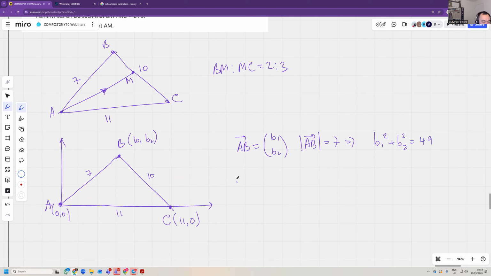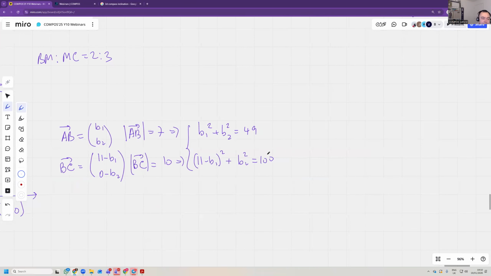Now BC is (11 minus B1, 0 minus B2), so it's the end minus the beginning. The modulus of vector BC is 10, therefore (11 minus B1) squared plus B2 squared equals 100.